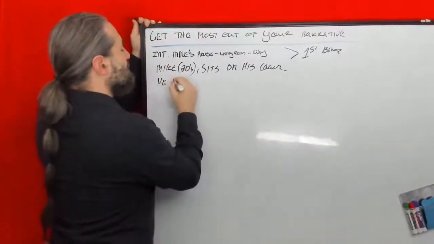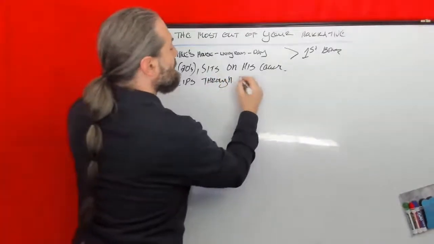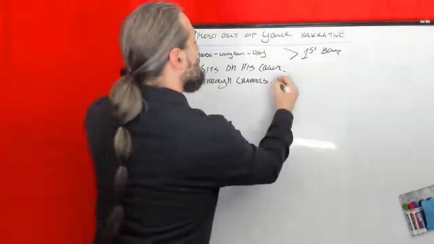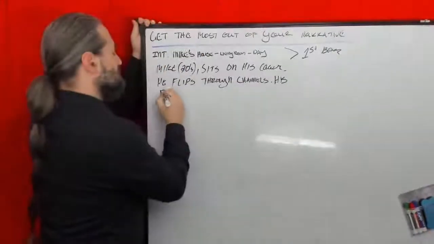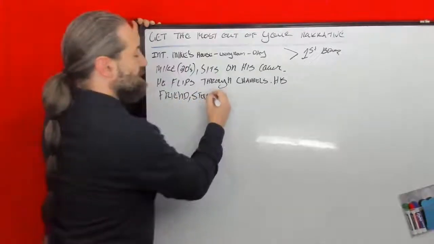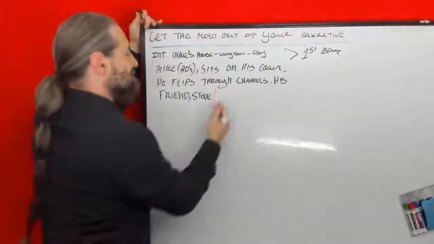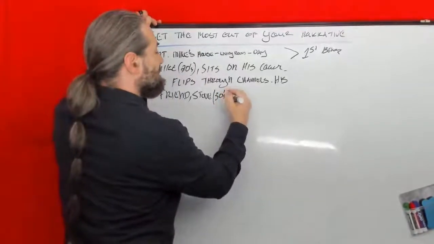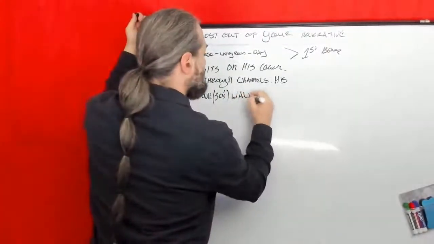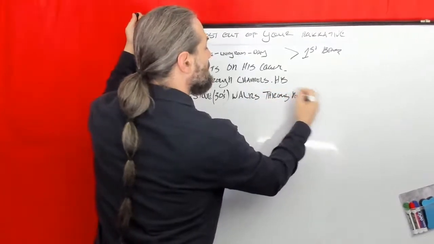He flips through channels. His friend Steve walks through the front door. By the way, when you come up with names, come up with better names than Mike and Steve. Your names should have some basis.